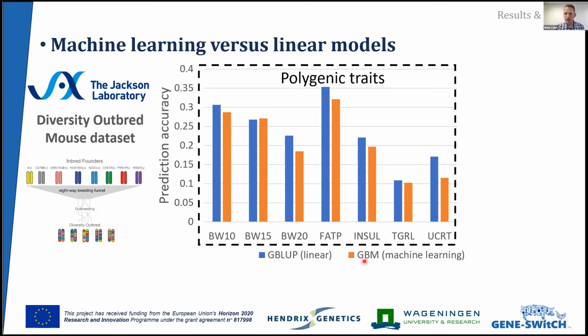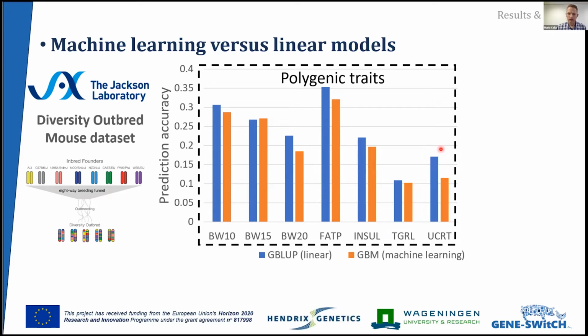These first 7 traits are all polygenic, in the sense that they are affected by very many loci, each with a very small effect. What you can see is that the prediction accuracy along the y-axis is typically somewhat higher for the standard linear model, or at least as good as for the machine learning model. In some cases, the linear model is quite a bit higher.